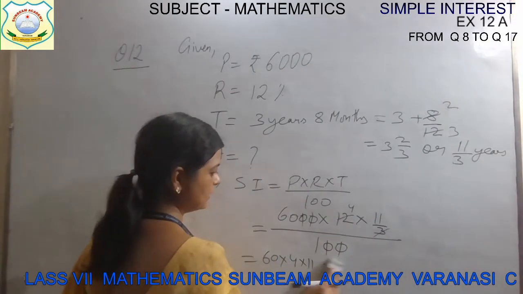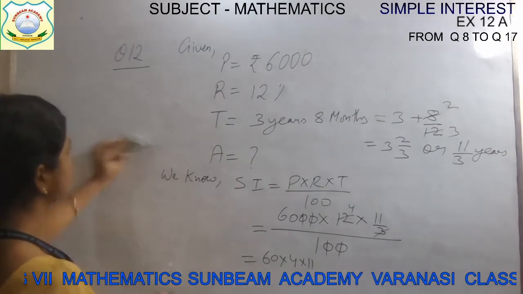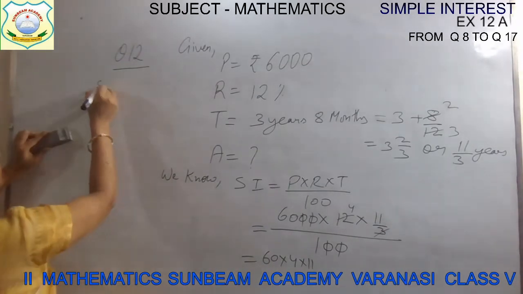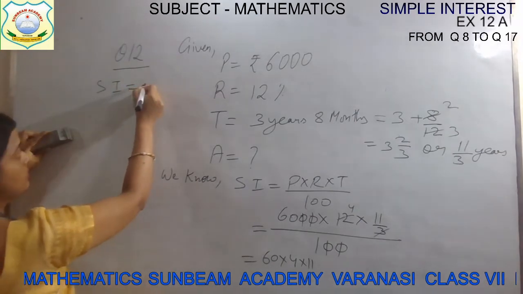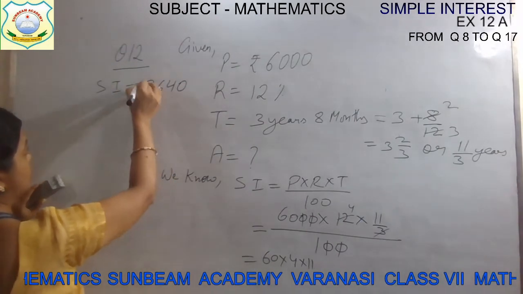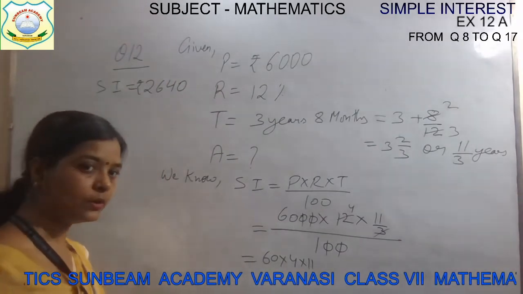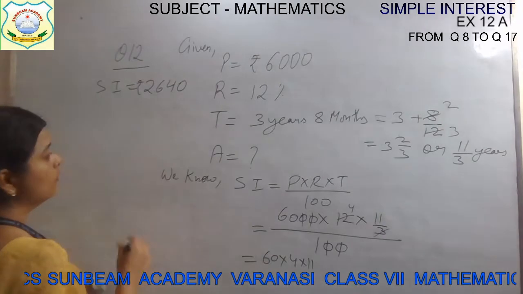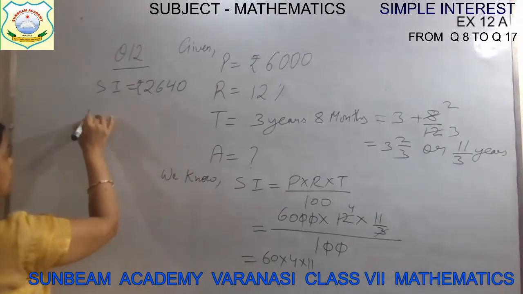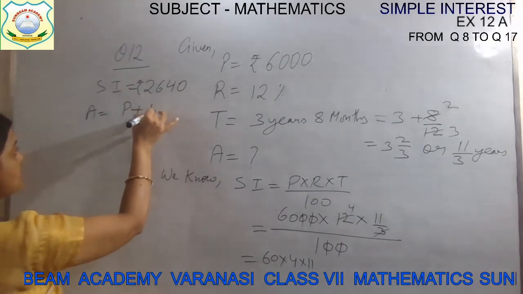Simple interest is 2640 rupees. Now amount is equal to P plus SI.